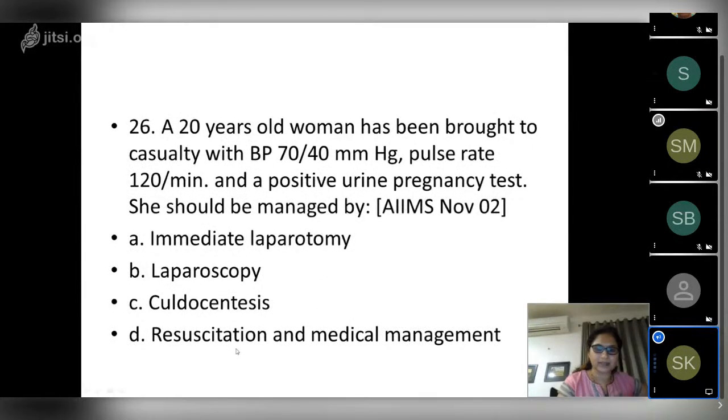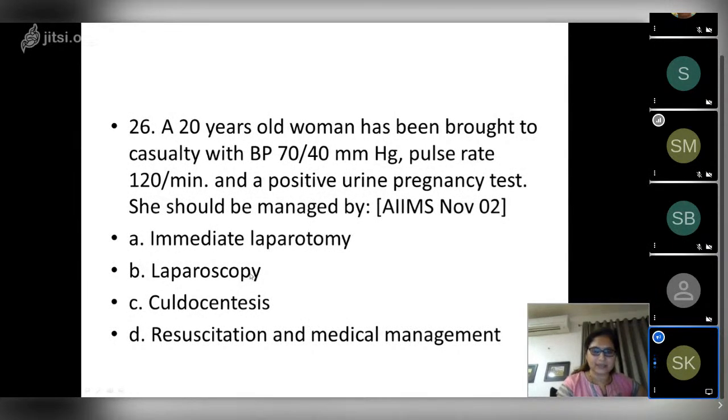Yeah. So now the patient is in shock, hemodynamically unstable. So it definitely indicates a ruptured ectopic. So in ruptured ectopic, what is the treatment of choice? Surgical, correct. So amongst surgical, whether you want to go for a laparotomy or a laparoscopy for this patient? Immediate laparotomy.